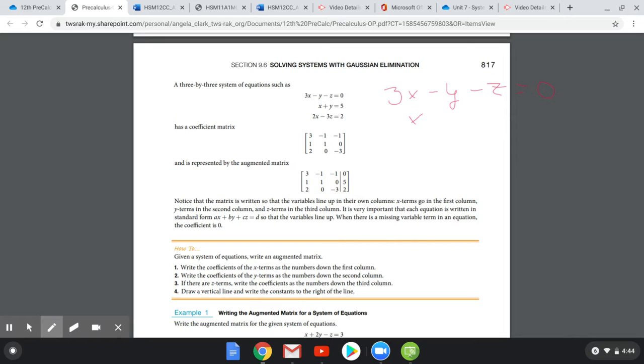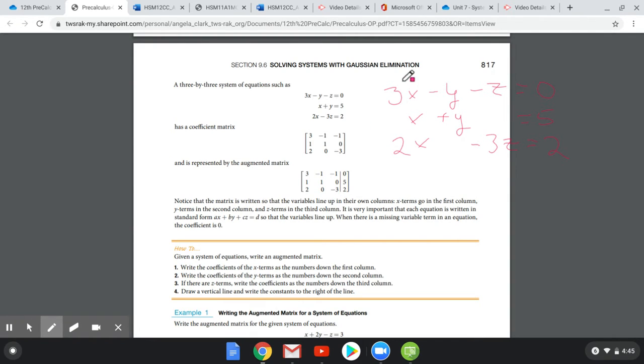So I would have x plus y. I'm going to have a blank where z would be. And then 2x, I'm going to have a blank where y would be. And then when I'm making my matrix, these blanks are going to be zeros.